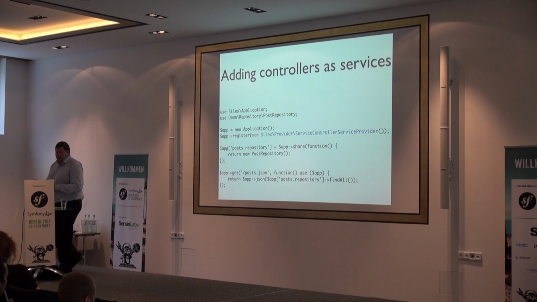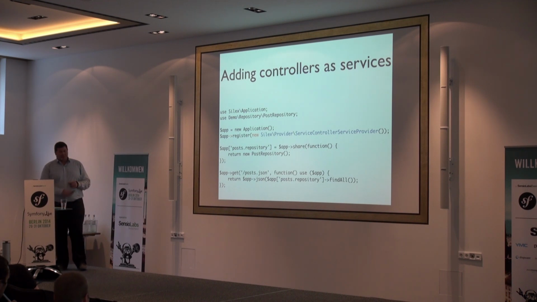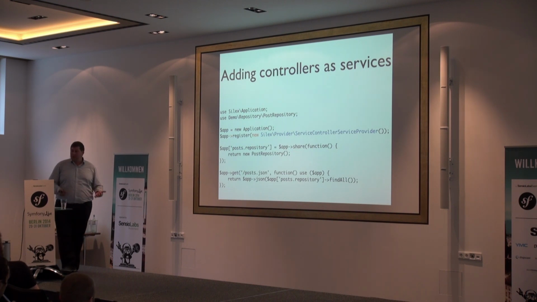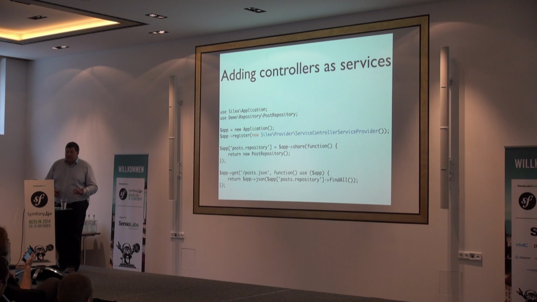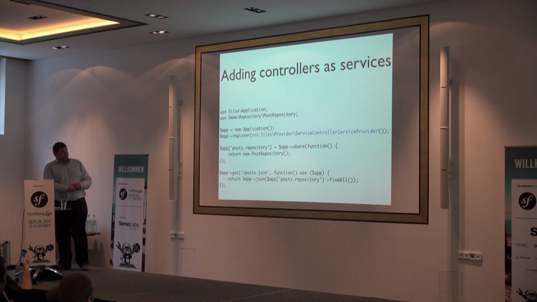In this case, we're just going to expose a very simple way to grab all the posts as JSON using Doctrine. So we registered, skipping some initialization stuff here, but the idea is you register the service controller service provider, and then I can simply share a post repository. In this case, it's the Doctrine2 post repository. And then if I want to map a URL, I can simply map post.json to this post.repository find all.